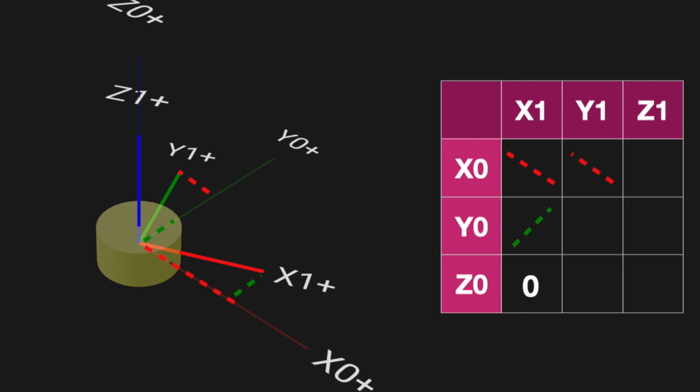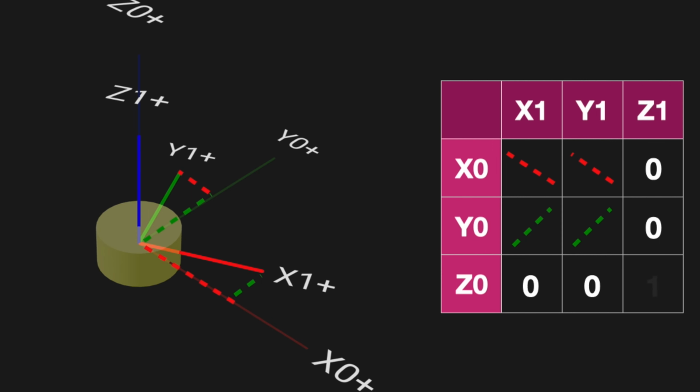And we'll go ahead and fill that in the box here as well. Next, we need to find the y1 projection on the y0 line, which is this green line. And finally, for the y1 projection on z0, we also have a 0 because we do not have any segment of the line there. So we put a 0.